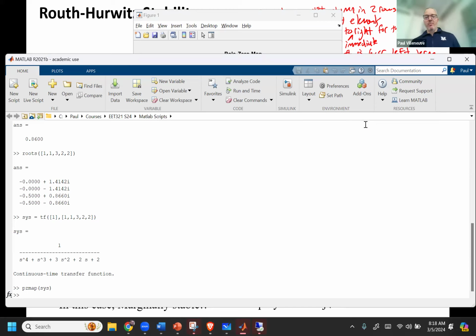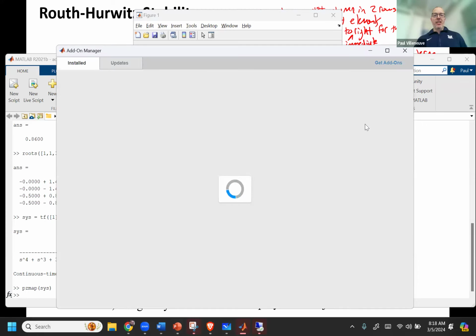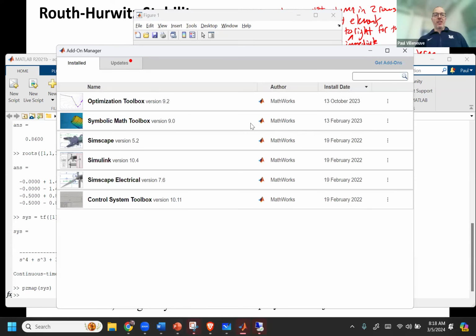When you bring it up, you should see what MATLAB version you have and what toolboxes are installed. So you see here, I have the Control System Toolbox. That's the one that you need. Otherwise, you can't do the transfer function stuff. But again, all that stuff is free for you. It's included with the MATLAB subscription that we have.